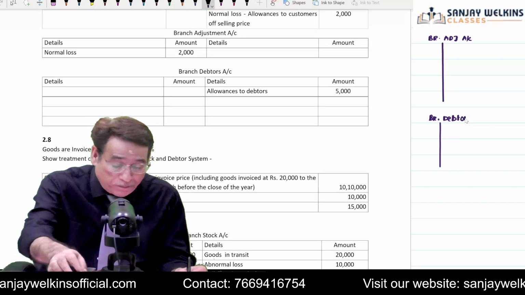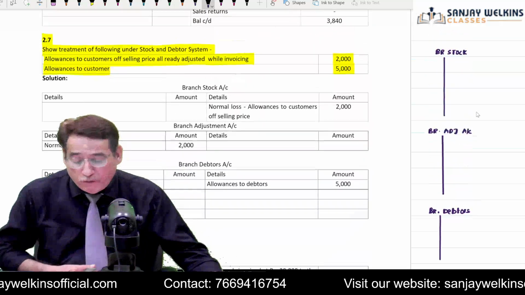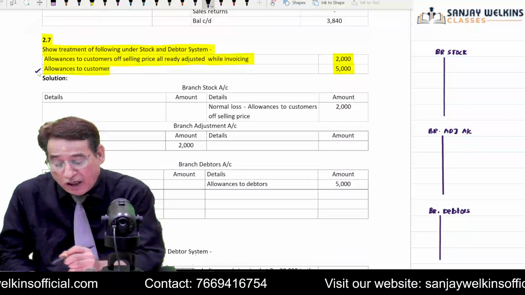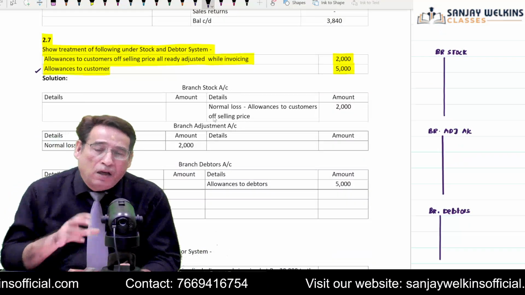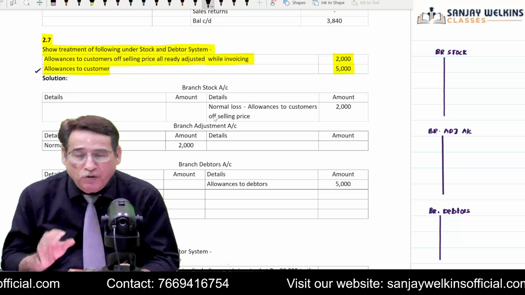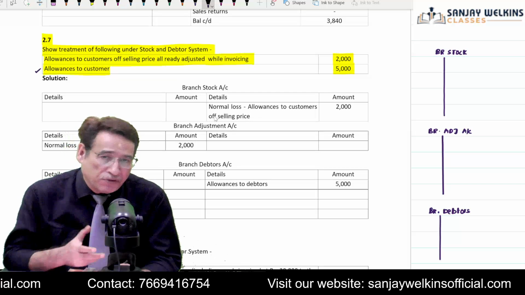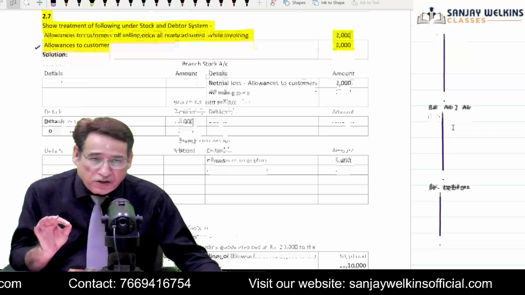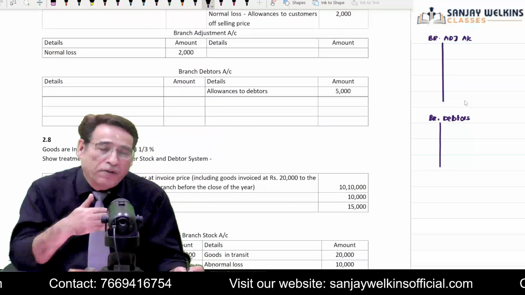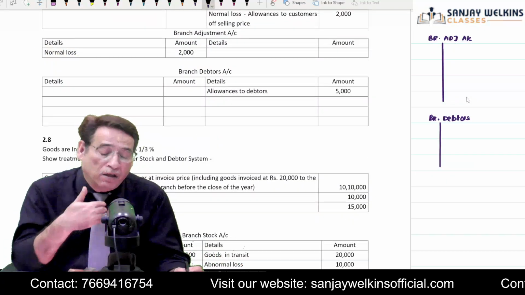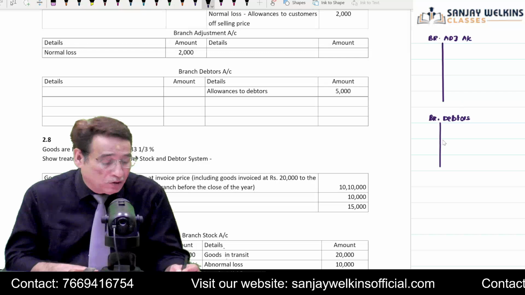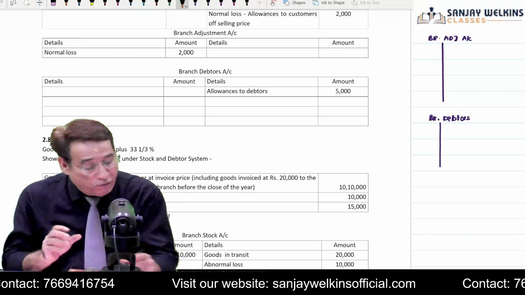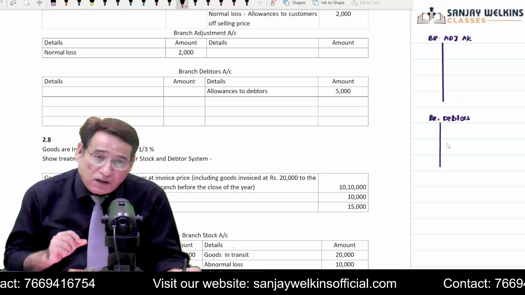If you remember, earlier also we have faced this one, allowances to customer. If ever in the question you come across allowances to customer, allowances to customer is nothing but sort of discount or rebates given to debtors or customers. So allowances to customers will always be written in the debtors account.